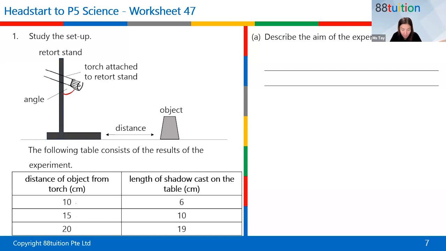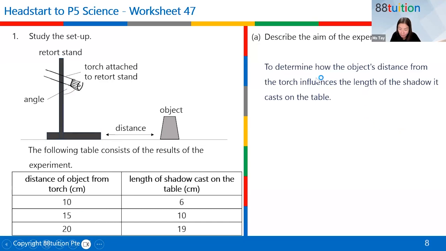What do you think is the aim of this experiment? The answer here: to determine how the distance between the object and the torch influences the length of shadow that's cast on the table.